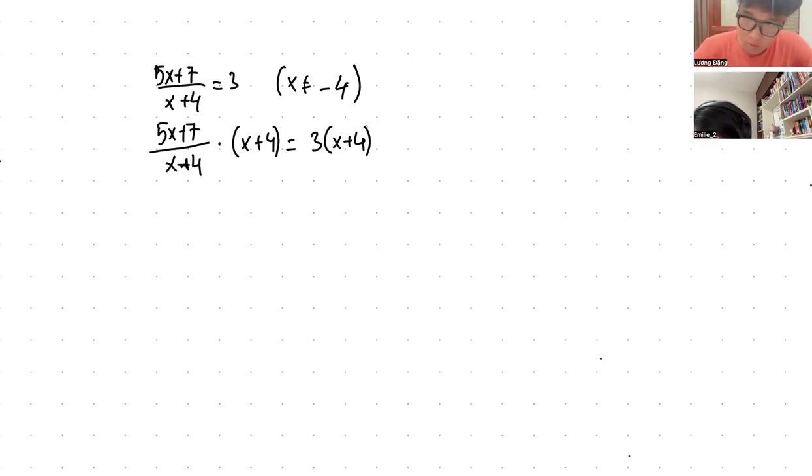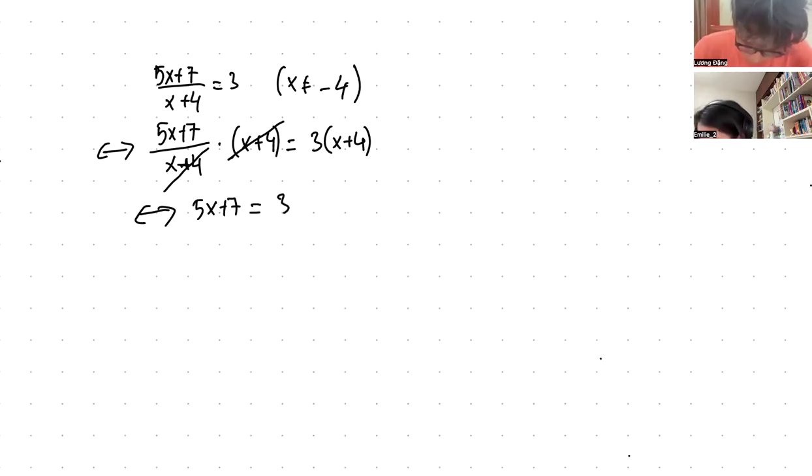Okay. Because it can be canceled out for x plus 4 on the left hand side. It becomes 5x plus 7 equal 3 times x plus 4.